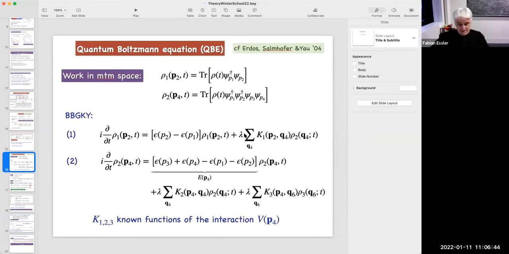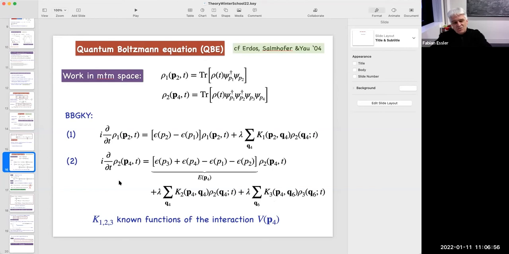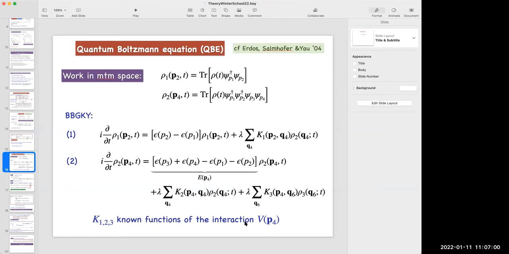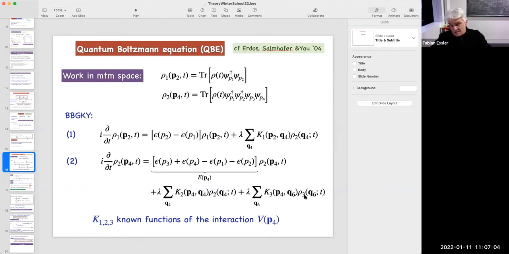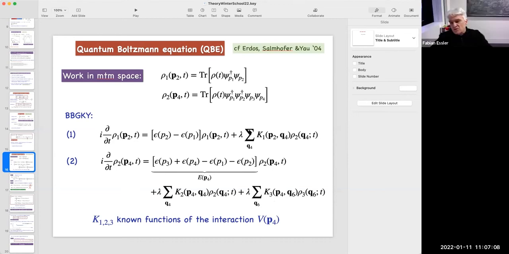And then from the equation for row 2, you get an extra lambda. Now if you do row 3, you would have to integrate it and substitute it in here, and you would get order lambda squared, order lambda cubed. Okay, makes sense.